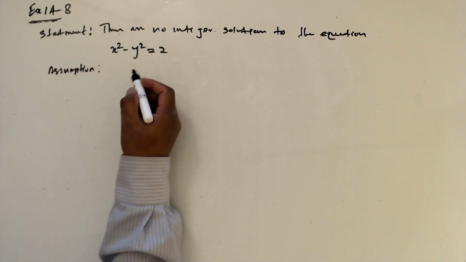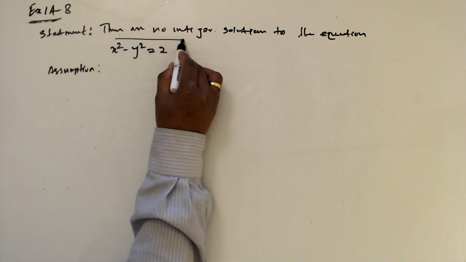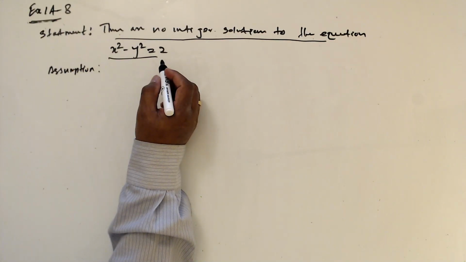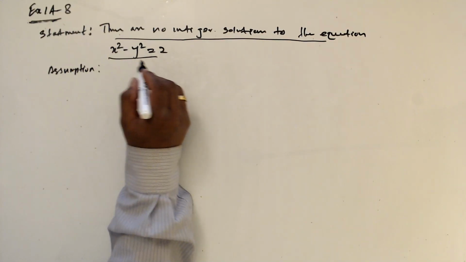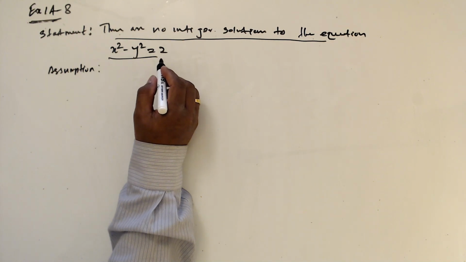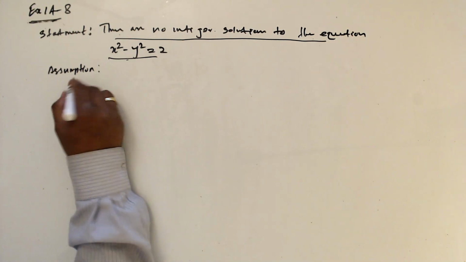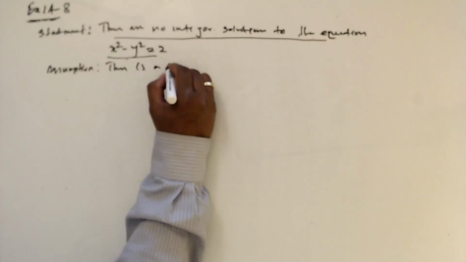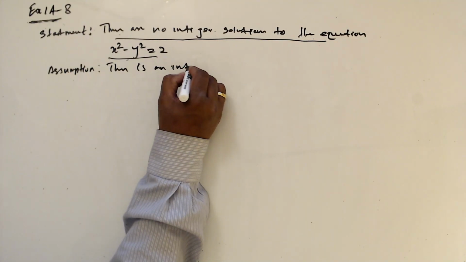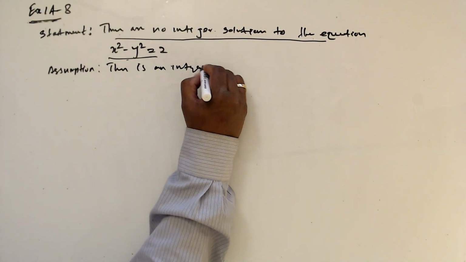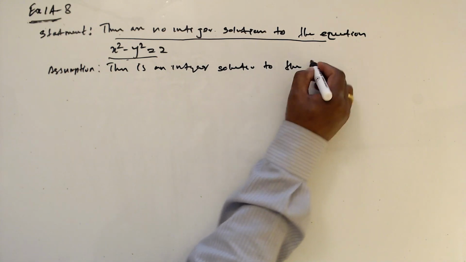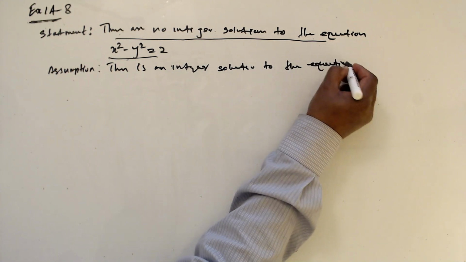Question number 8, we want to show that there is no integer solution to this equation. So the assumption is that there is an integer solution to the equation.